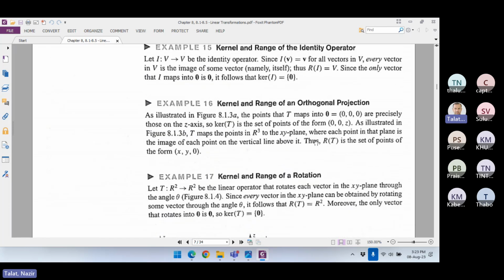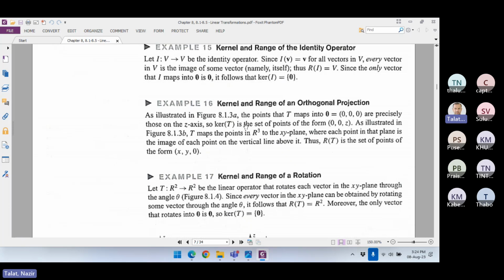Now, here are some other examples: the kernel and range of orthogonal projections. For example, if we want to move the element to the x-axis, then the kernel of T will contain all those points which are of the form (0, 0, z) for all values of z in R. In that case, one can see that the range of T is equal to (x, y, 0).